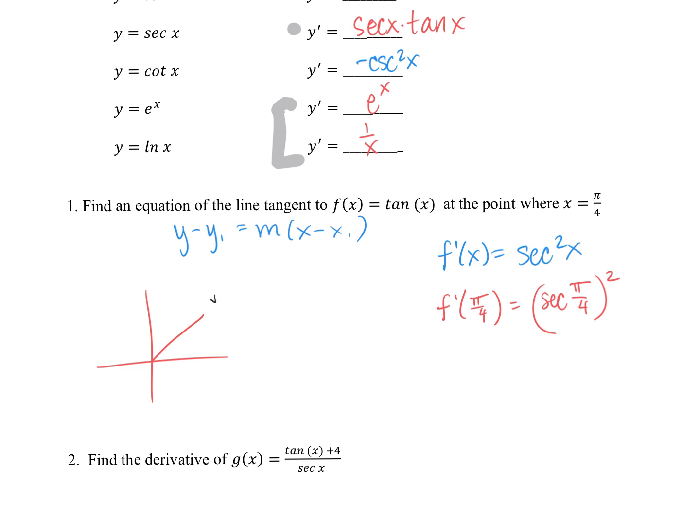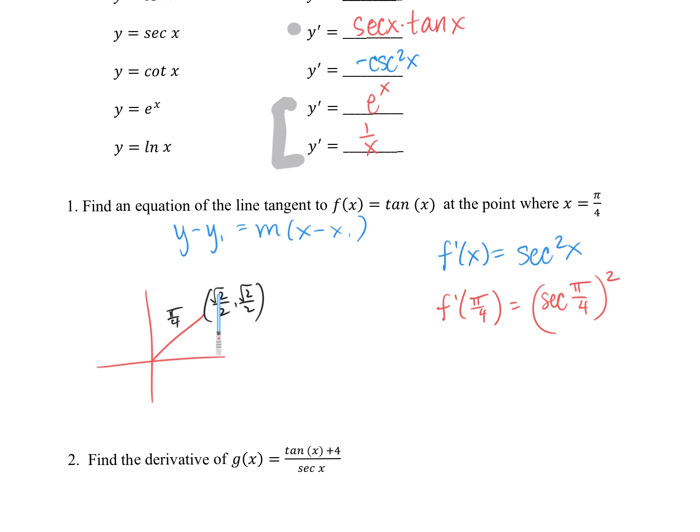Root 2 over 2, root 2 over 2. That's my point at pi over 4. Very good, Sade. So you guys, the secant is the reciprocal of x or the y, cosine or the sine. Secant goes with cosine. So I need to go find the cosine, which is the x, and flip it.